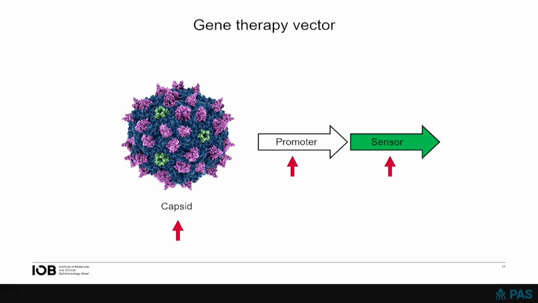Inside there is a single-stranded DNA which encodes the optogenetic sensor, and the region we call the promoter, which is really key. It's basically a postal address, a DNA segment of around 200 to 500 base pairs, which tells the cell which cell type should make the sensor. So the capsid would enter many cell types, and the promoter defines in which cell type this sensor would be expressed.